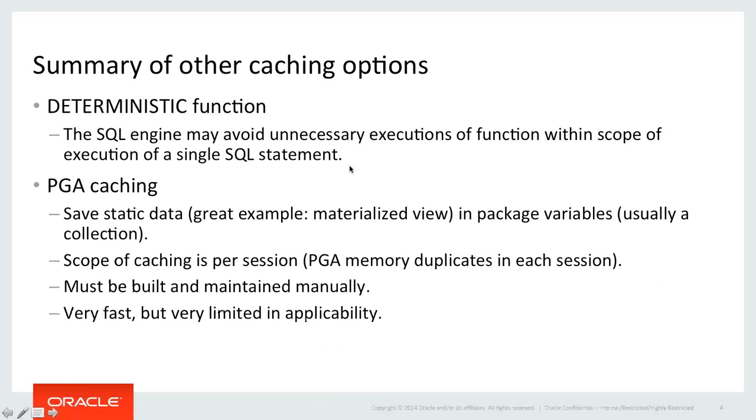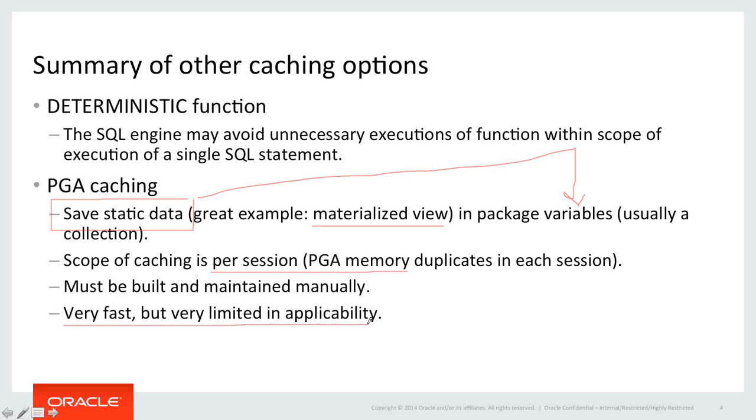The second big caching option is PGA caching. Essentially, you save static data, for example, the contents of a materialized view that's really not going to change at all for a user session. You save that data, or some of it, in package variables, usually a collection. Since package variables are persistent in your session, in other words, they retain their value in between accesses, you have a cache that is scoped per session, in other words, PGA memory.